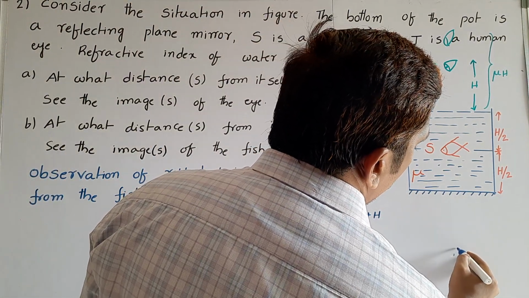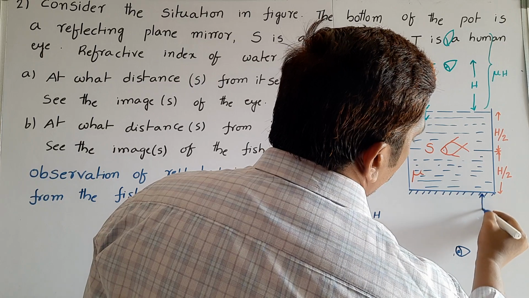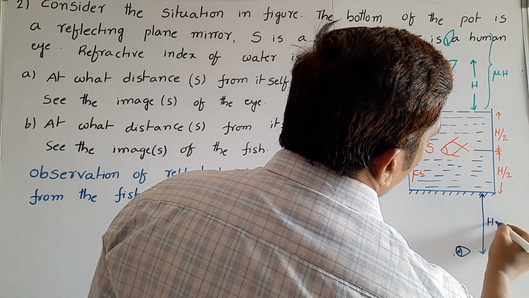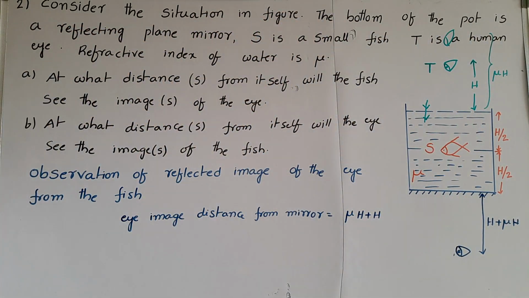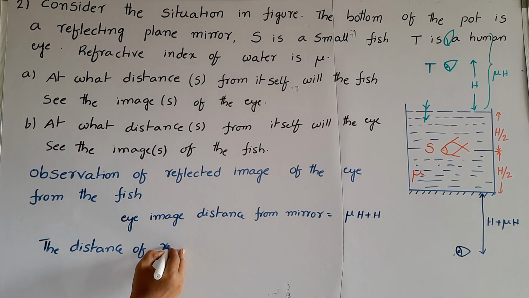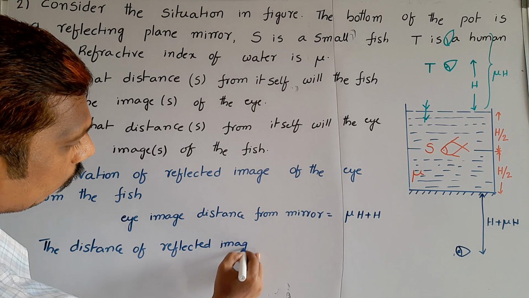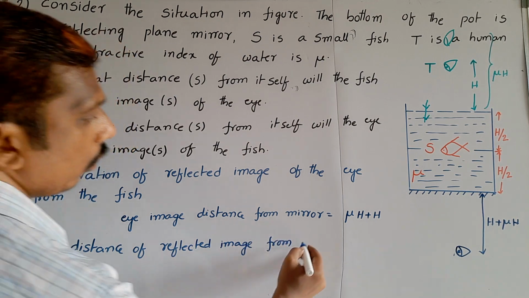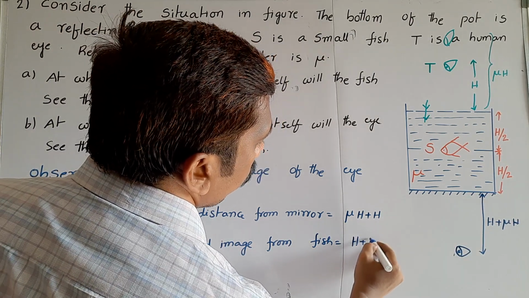This eye image is formed here at a distance of h plus mu h. This is the mu h and this one is h. So the distance of the reflected image from the fish is equal to, this distance is h plus mu h.